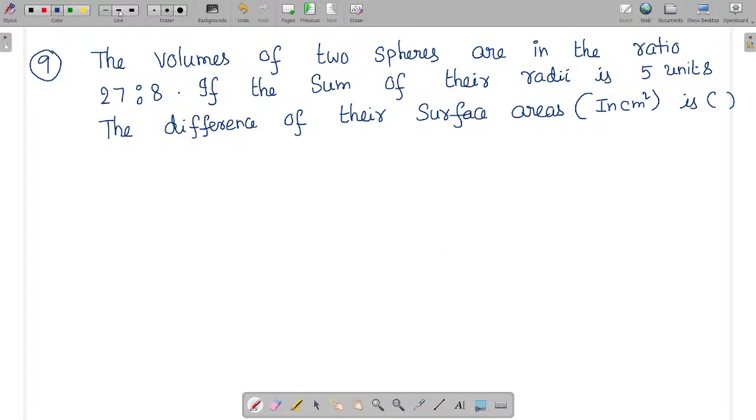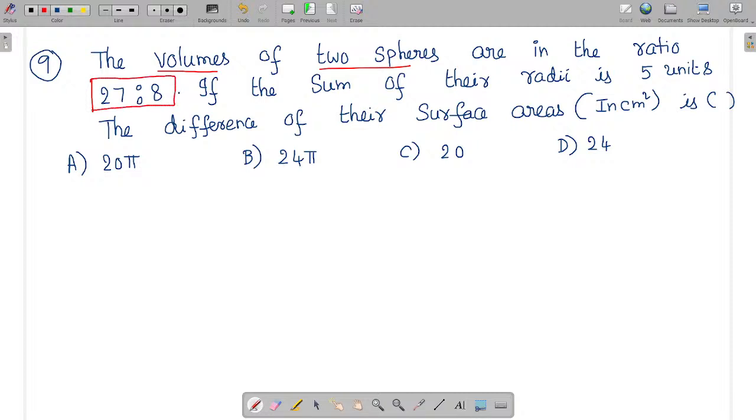Now the options need to be written here. What are the options? Option A is 20 pi, option B is 24 pi, option C is 20, option D is 24. Right. The volumes of two spheres are in the ratio 27:8.